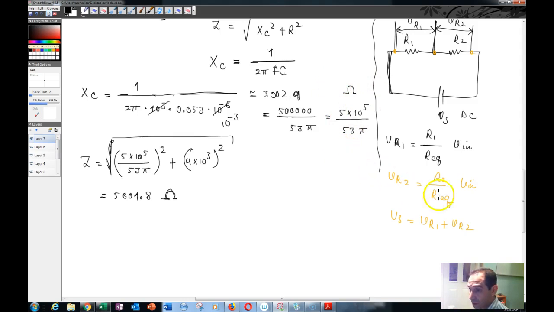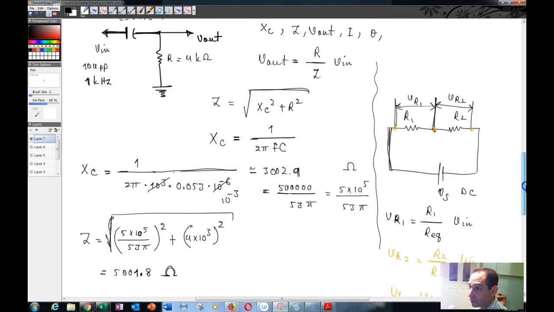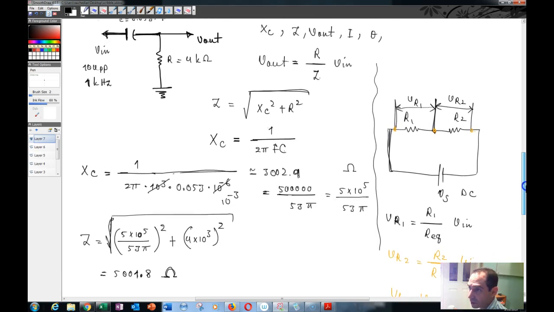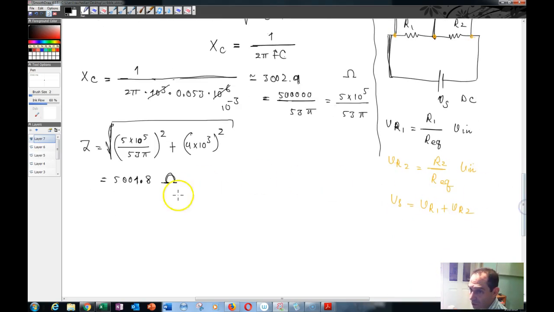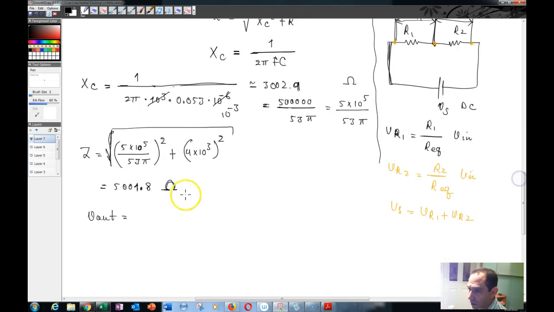Okay, so now you have calculated your x of c, you have calculated your z. So then your V of out is equal to, basically, you're calculating the voltage drop across this resistor, so R over Z times V of in.